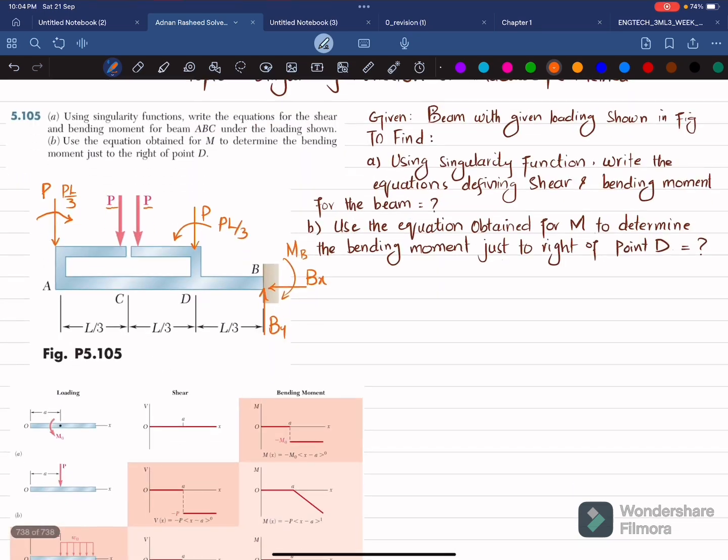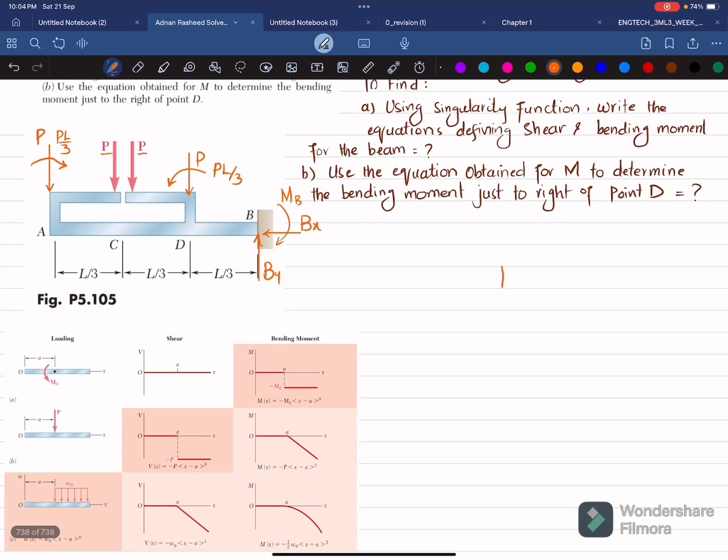Now we can draw a free body diagram for the beam shown below, or the one which I am drawing. So this is point B. You will have a vertical reaction force By, a horizontal reaction force Bx, and a moment Mb at point B. At point A, you can have this P load and a clockwise moment PL divided by 3.